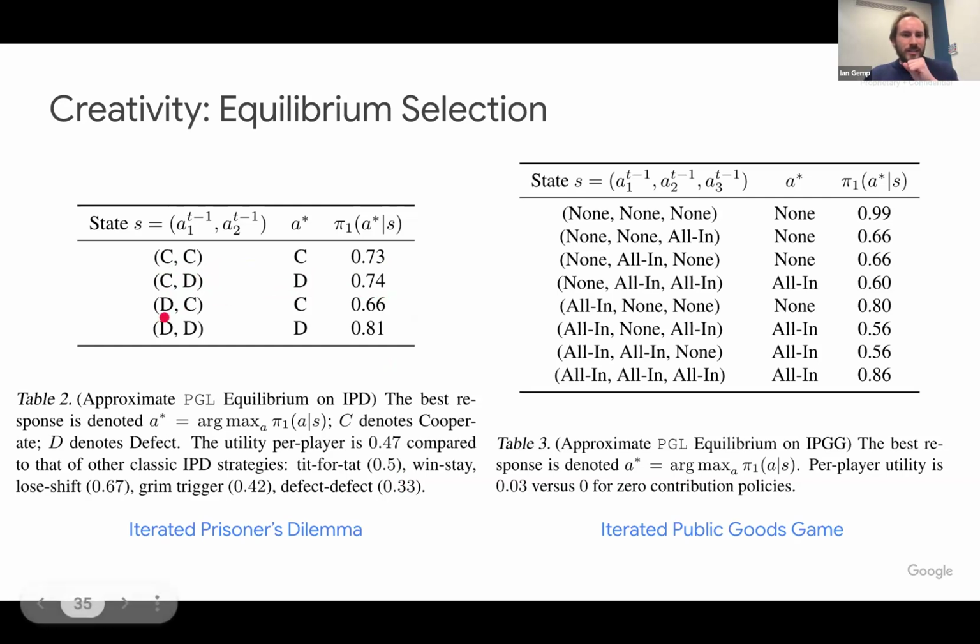If player one defected while player two cooperated, player one's actually going to switch to cooperating. They feel guilty maybe. And then if both defected, then they'll continue to defect. So at least in some sense, this Nash equilibrium is much more satisfying than the vanilla defect-defect of the stage game. And that is actually what round robin is converging to.